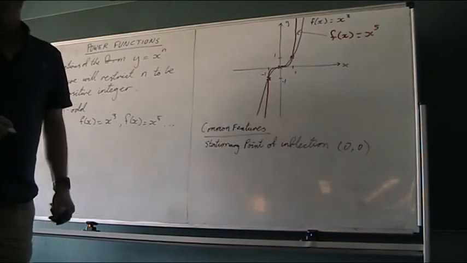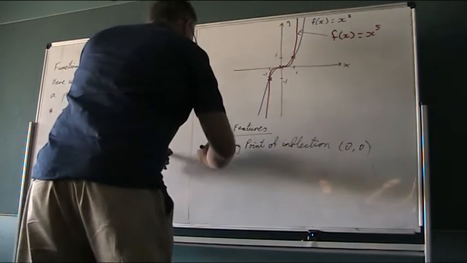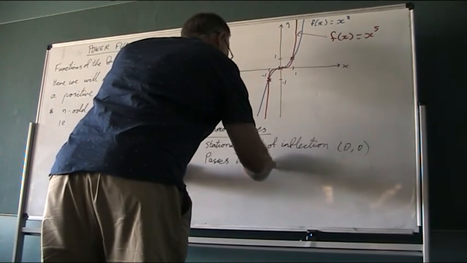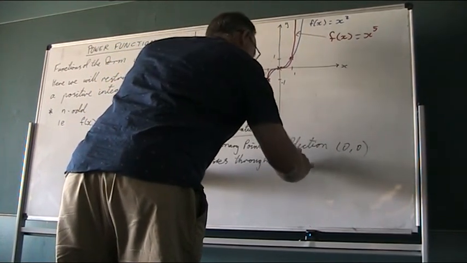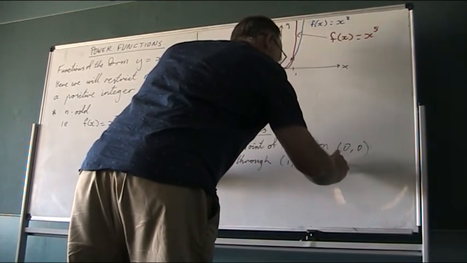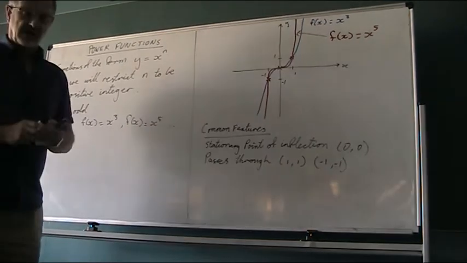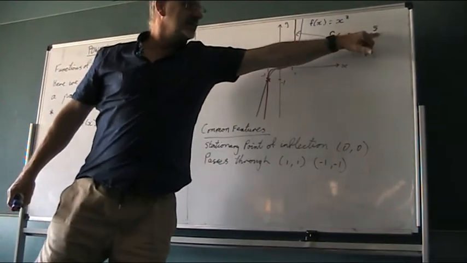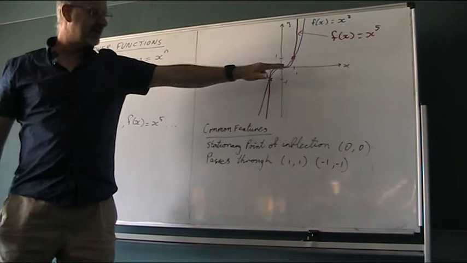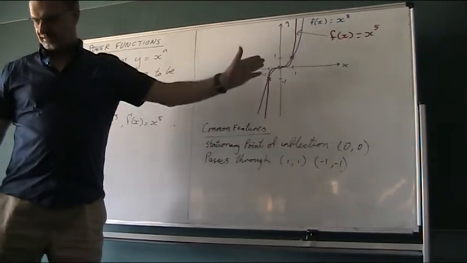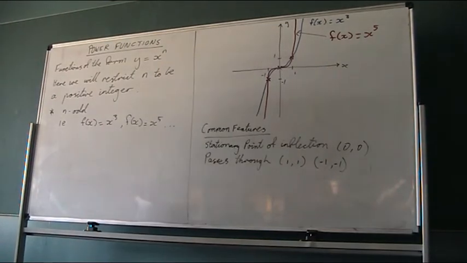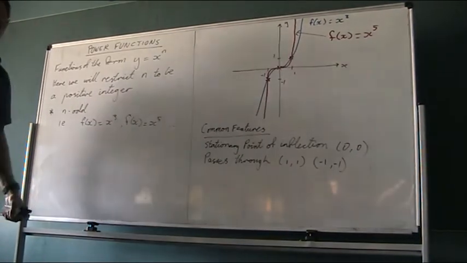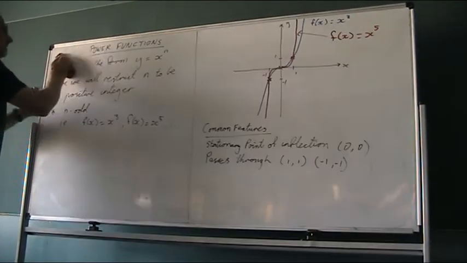It passes through 1, 1, and -1, -1. And the other thing that we can say is as n gets bigger, that power gets bigger, it gets flatter around the point of inflection, and steeper after these points 1, 1, and excuse me, -1, -1. I can't quite squeeze that in there, so I'll put it over here.